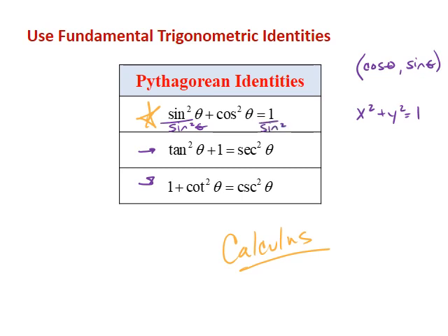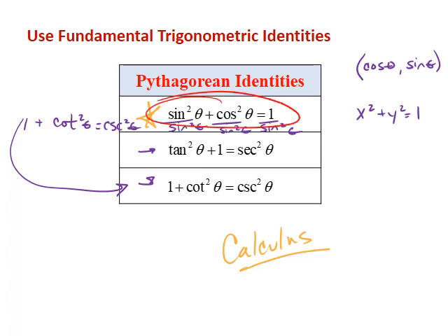So everything is divided. So this is 1 plus, this gives me cotangent squared, and this is cosecant squared, which is this here. On the other hand, if I take this original identity and divide everything by cosine squared, I will end up with this identity. So that's where they come from.